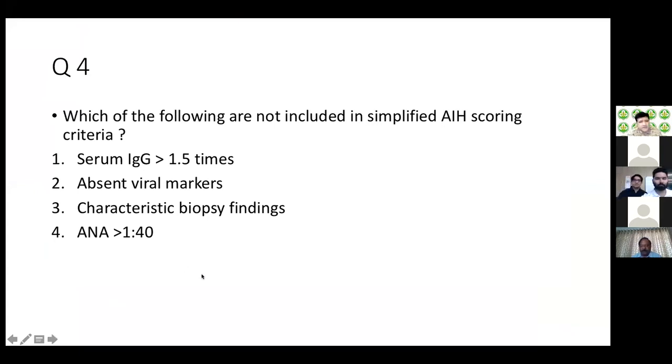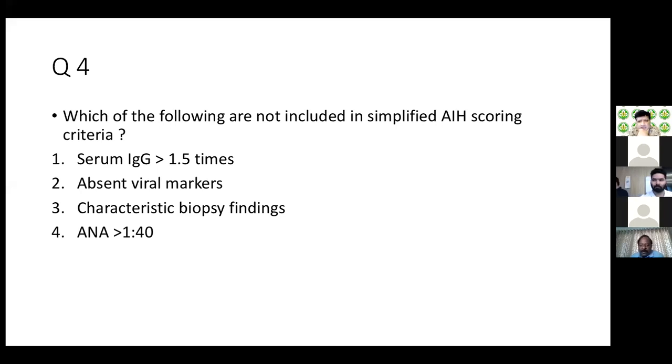IgG more than 1.5 times, absent viral markers, characteristic biopsy findings, and ANA more than 1:40. Somehow the poll is not appearing on my screen, but maybe somebody else can read it.